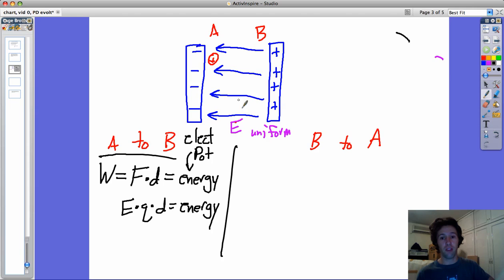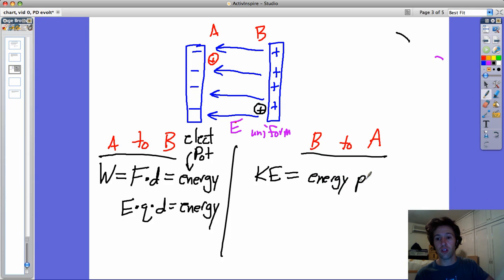Now, if that charge is hanging out over here, you have to hold it there. If you let it go, zoop, it zips over to the other side. So the amount of energy you're going to get, that's going to be kinetic energy, and that's going to come from your electric potential energy.